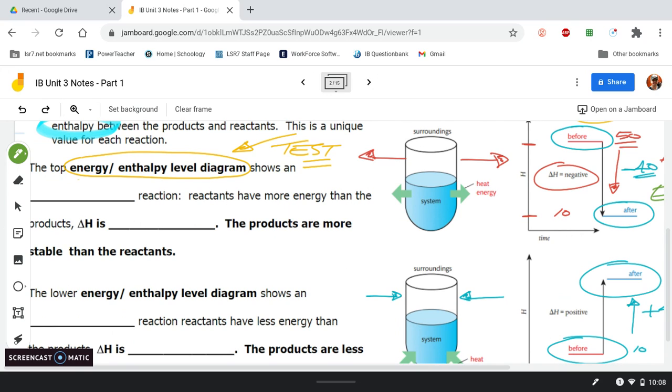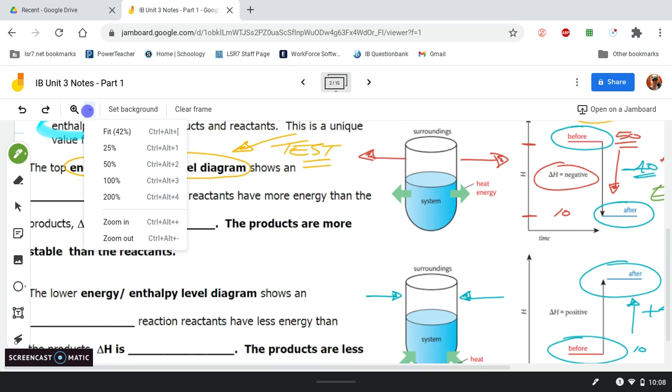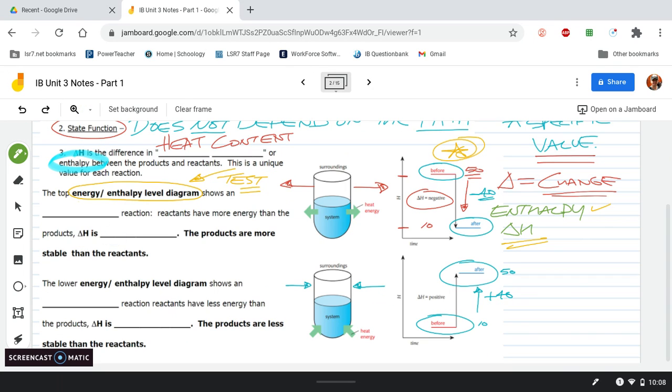It doesn't look like it's going to help me any, so we'll just do our best. So this is going to be exothermic, and it says reactants have more energy than products. And then right here, delta H is going to be negative. You need to memorize that. You need to know exothermic and negative go hand in hand.